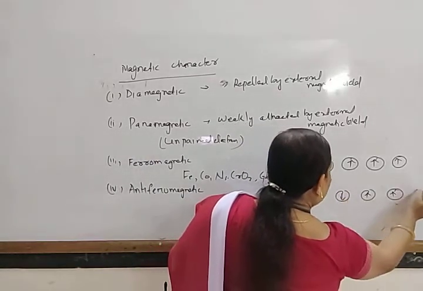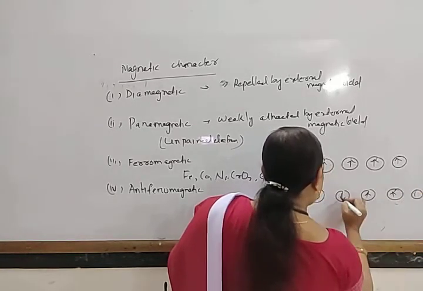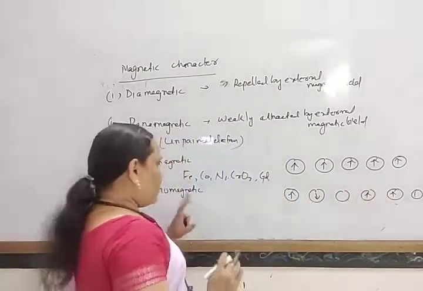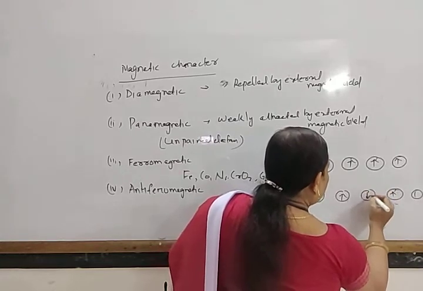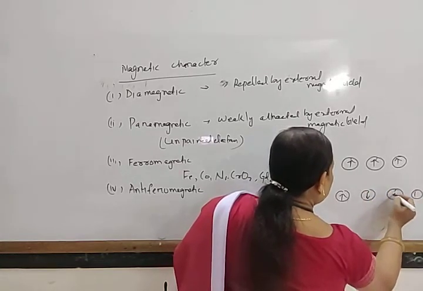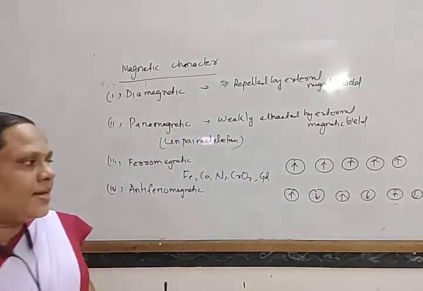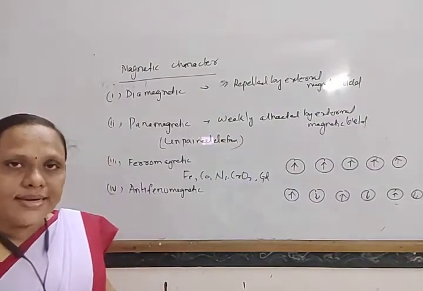If there are equal numbers of parallel and anti-parallel domains, then the resultant magnetic moment becomes zero, and that becomes antiferromagnetic.